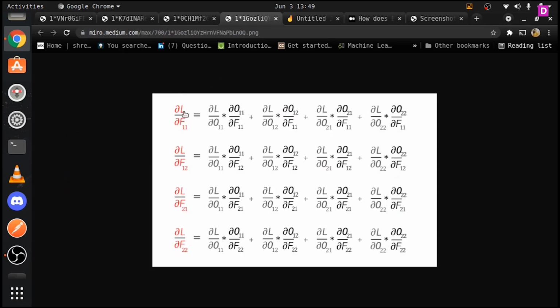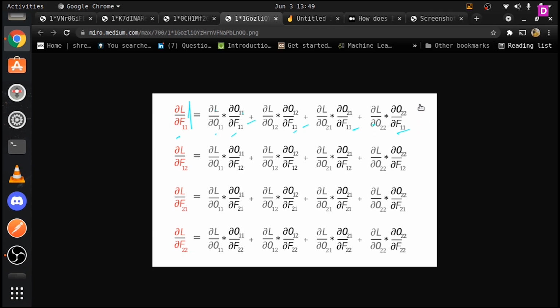Now that we are clear on this, let us understand the whole differentiation of loss with respect to the filter value. We will apply the chain rule first: differentiation of loss with respect to output, and then differentiation of output with respect to the filter value. But like I said, we have many outputs that use the same filter value, so we will just add all these values up, right?